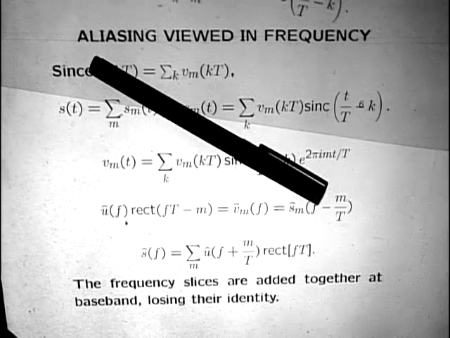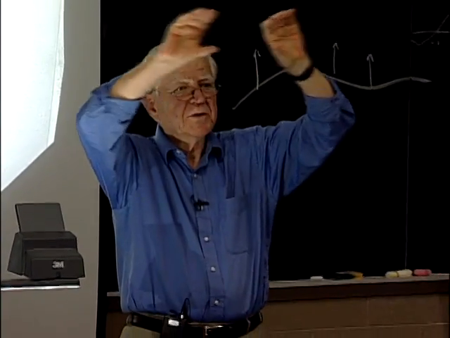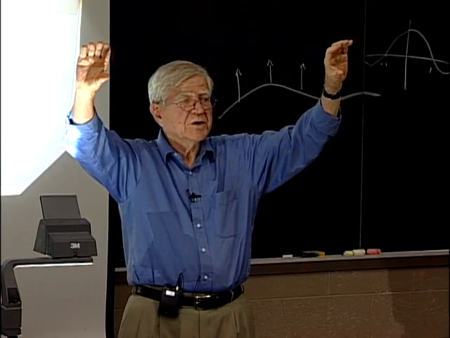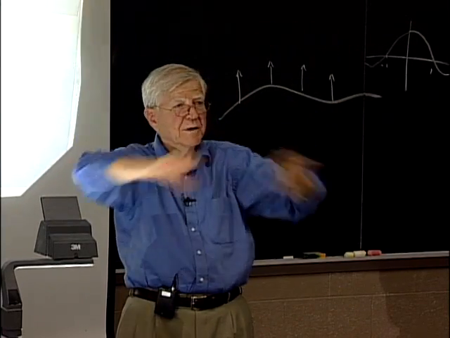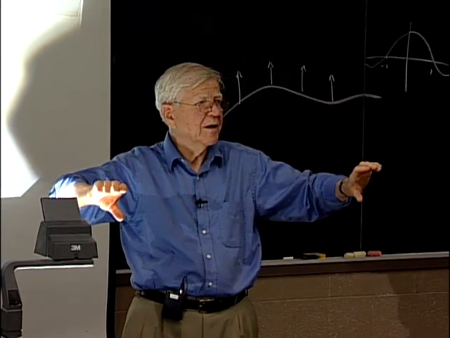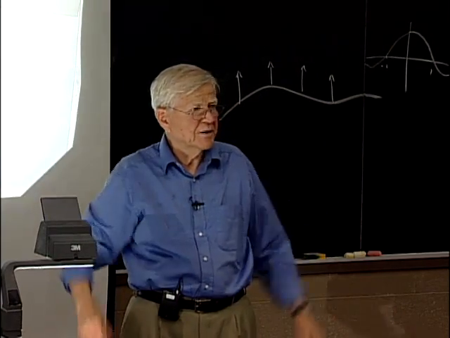Each of these frequency terms in u of t, up at some band in frequency, when we sample it and multiply it by the sinc functions, we're effectively bringing it down to baseband.